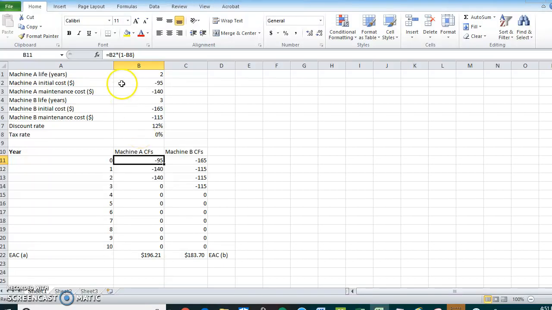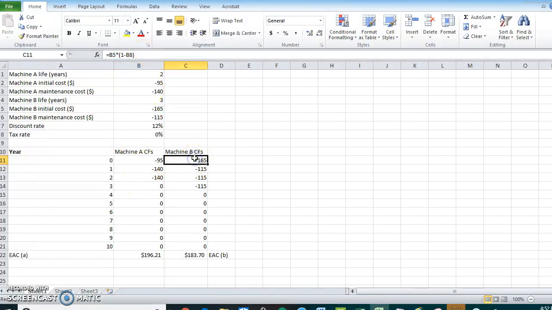So my cell references start off with an equal sign, B2, which is the initial cost of the machine, asterisk, which tells Excel to multiply, open parentheses, 1 minus, and then the tax rate, which is B8, close parentheses, hit enter, and you should get the right answer. You're going to be looking at different numbers, but if it doesn't work, come back here and make sure that you have initial cost times, in parentheses, 1 minus the tax rate.